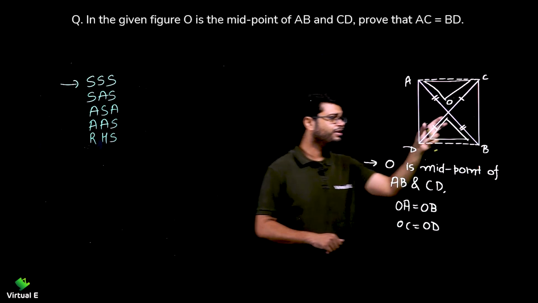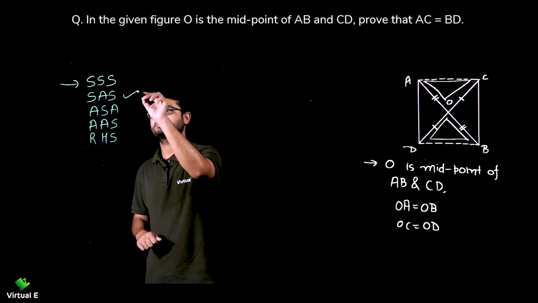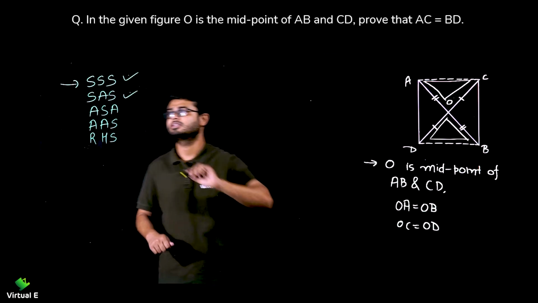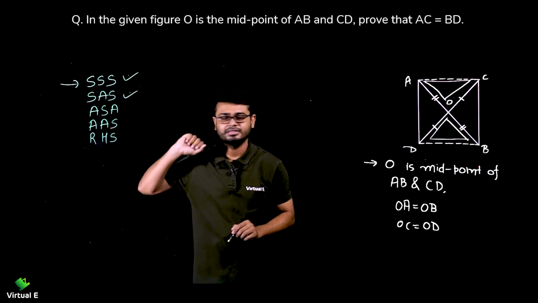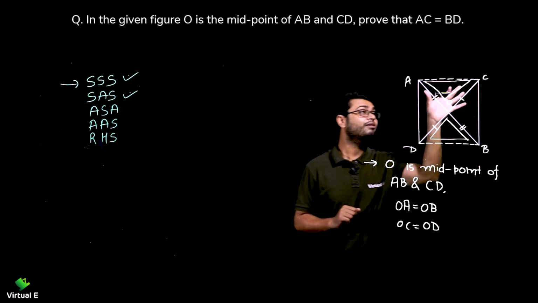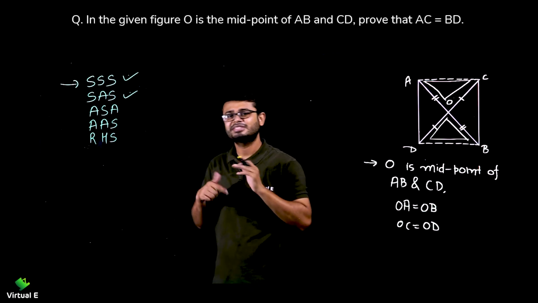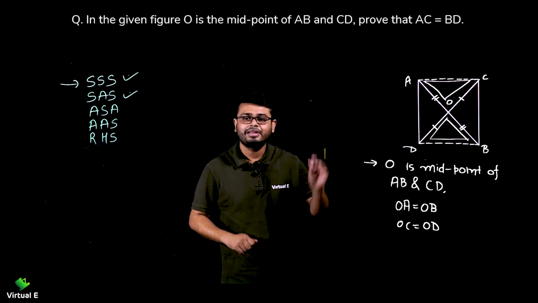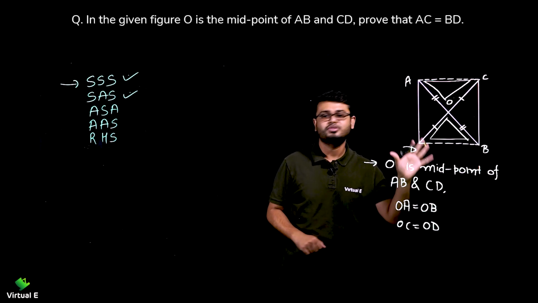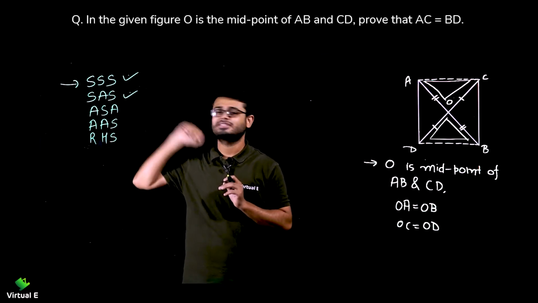So we have two sides with us, right? So either this one or this one out of the first two categories. Now see over here, if we take the third side, AC is equal to DB, this sum doesn't make any sense at all because that's what we wanted to prove. If that is given to us, then this sum is over, right? So we cannot use SSS over here.